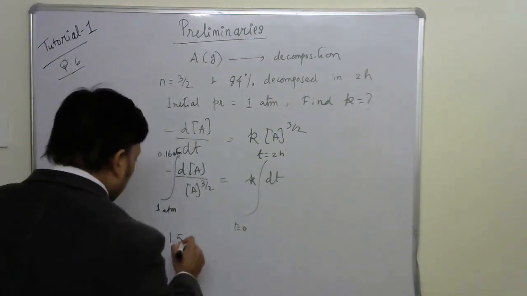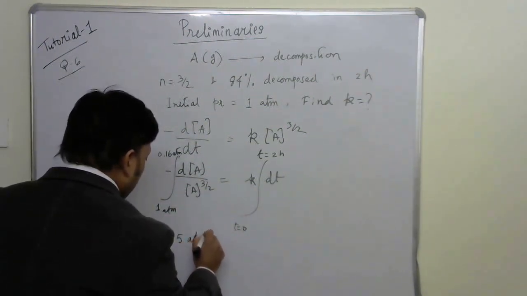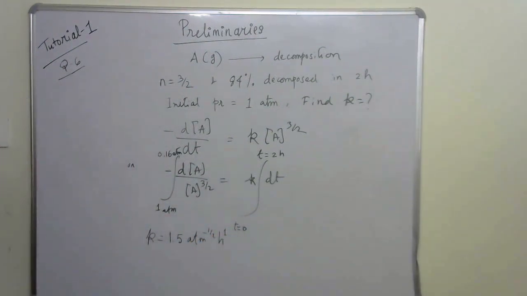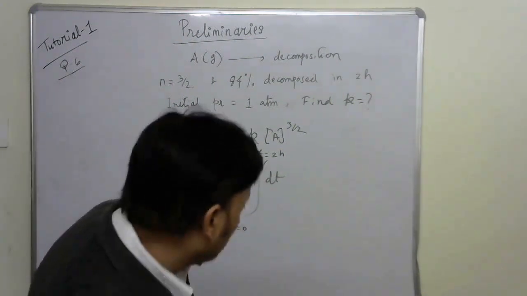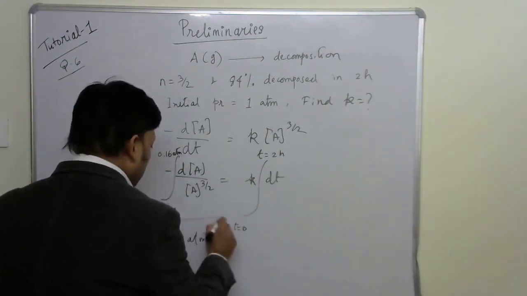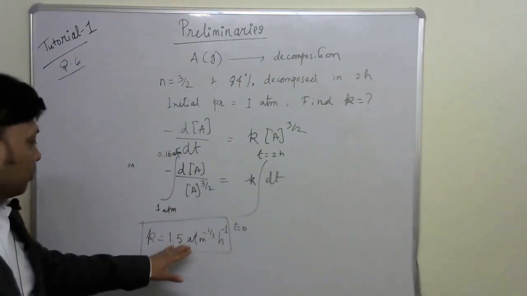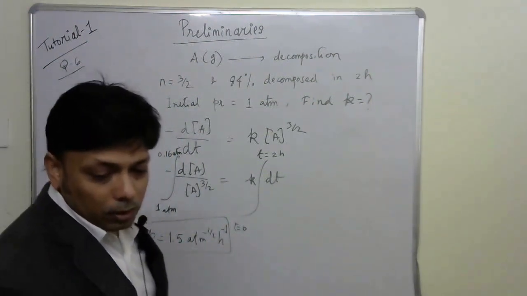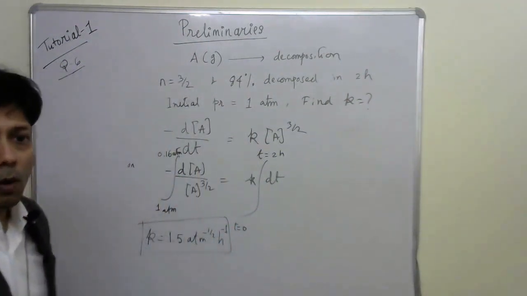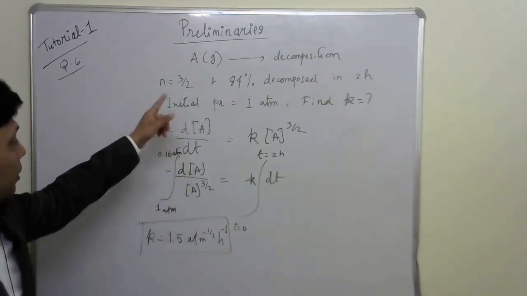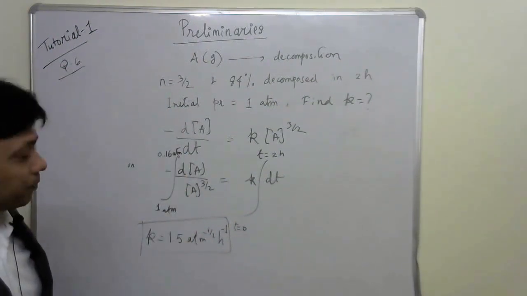Without the correct unit, your answer would be wrong. So the correct answer is 1.5 atmosphere to the power minus half multiplied by hour to the power minus 1, or hour inverse. That is the dimension of the rate constant for a 3/2 order reaction.